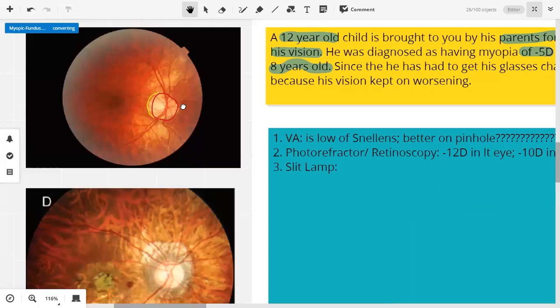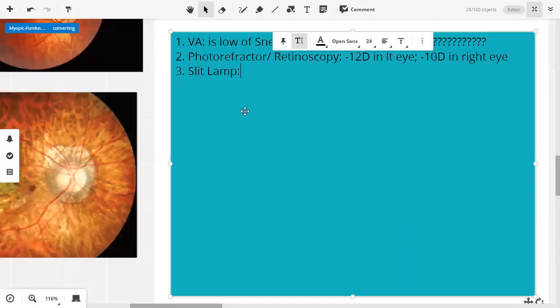So on slit lamp examination, on fundoscopy, we see a tessellated fundus, a horizontally oval disc, and a temporal crescent. So we found 3 findings.